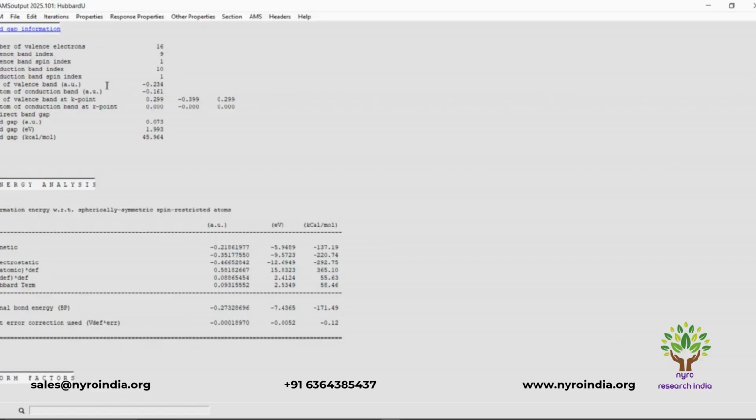You can see the number of valence electrons, the valence band index, the spin index, the conduction band index, and the conduction band spin index, along with the valence band and conduction band analysis, and also the energy analysis, which shows the fit error correction used and the final bond energy.